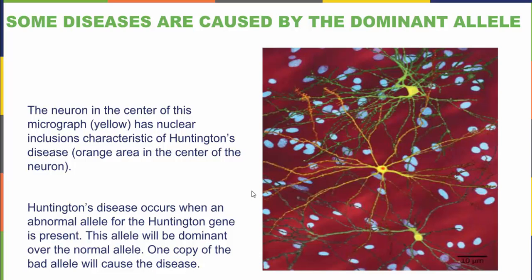So Huntington's disease, obviously the majority of people in the world do not have Huntington's disease, which means that all of us that don't have it, I'm going to assume that I don't have it, although it's something that comes on late in life. So sometimes people don't know they have it until later when they start having symptoms of the disease.